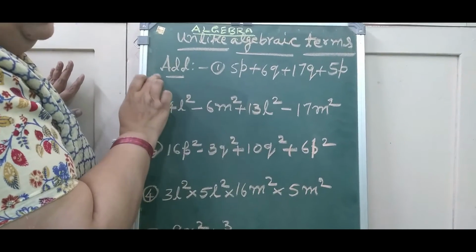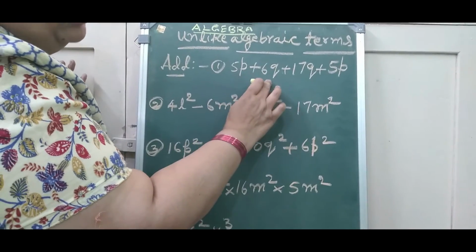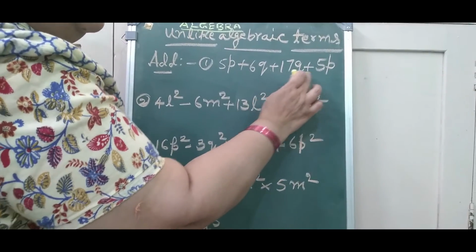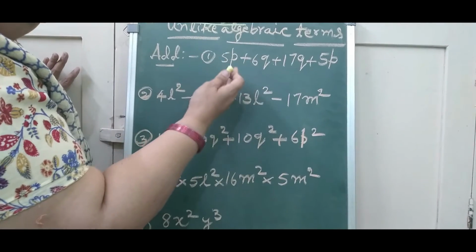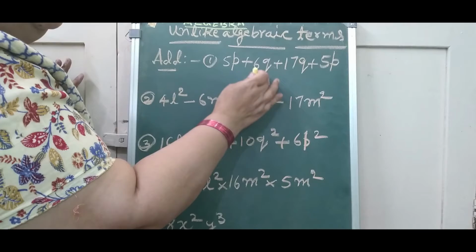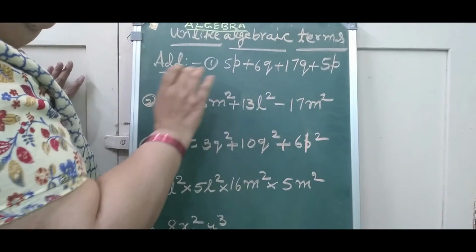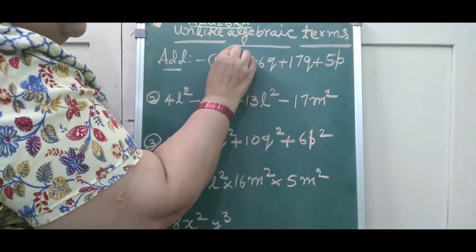Let me consider the addition. This is the first example what I have taken: 5p plus 6q plus 17q plus 5p. Here in this problem mixed type is there. P, Q, again Q, P. So now let us classify the only P terms. Let me mark like this.